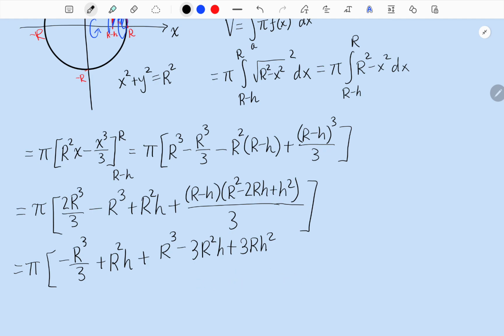Okay, and then I have negative h cubed. Okay, all of this is over 3.